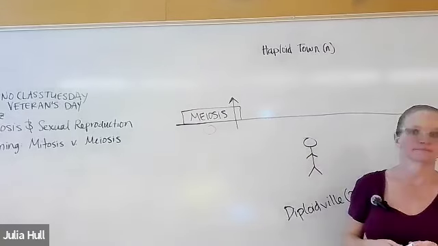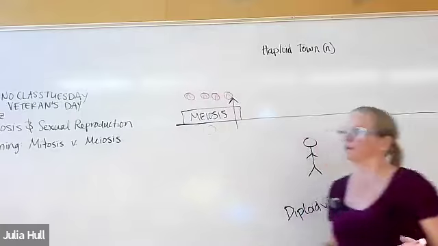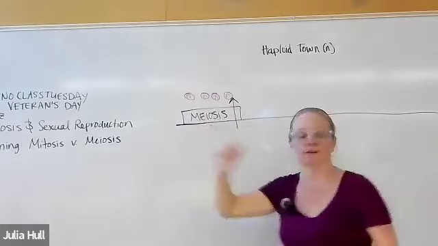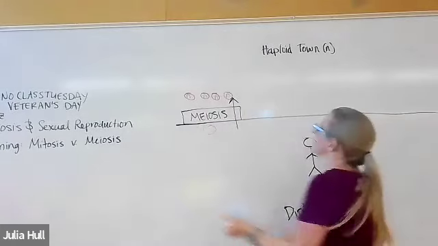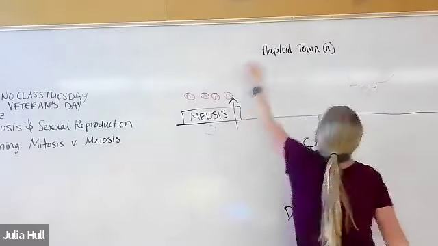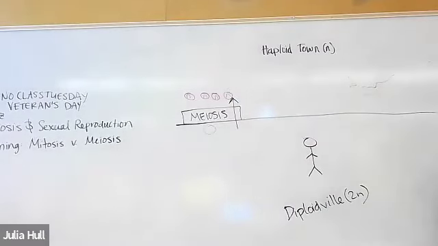Okay. Because this is going from diploid to haploid, right, all these gametes that we're going to end up with are going to be haploid. Okay. Now, depending on what gonads you're born with, these are either going to become sperm or eggs.